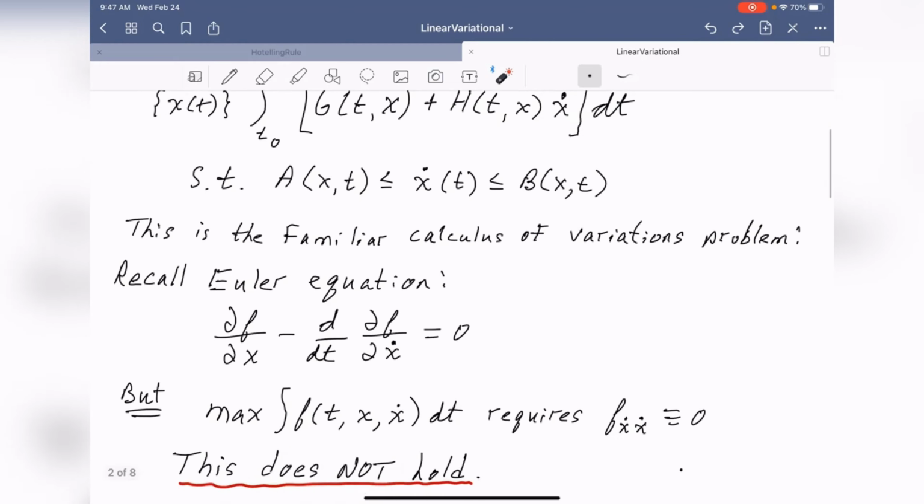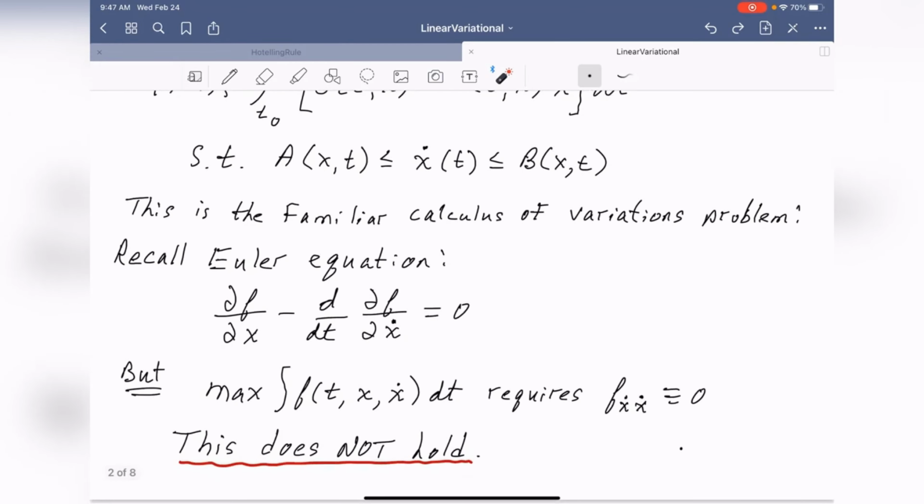And recall the Euler equation, which in this case is written as the partial of f with respect to x minus the derivative with respect to t of the partial of f with respect to x dot, and that's set equal to 0 as usual.